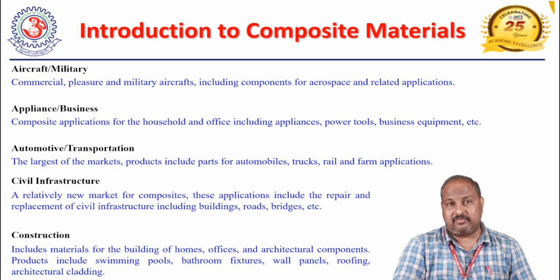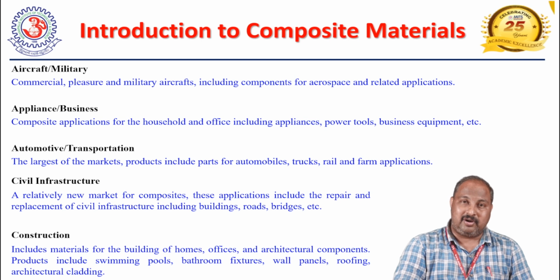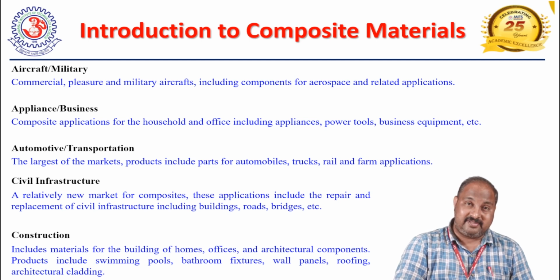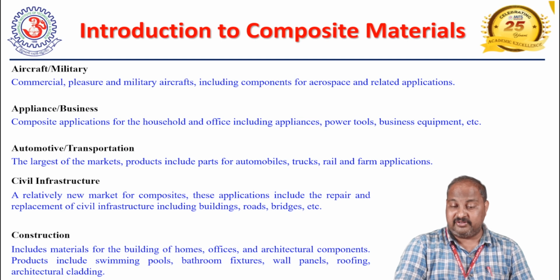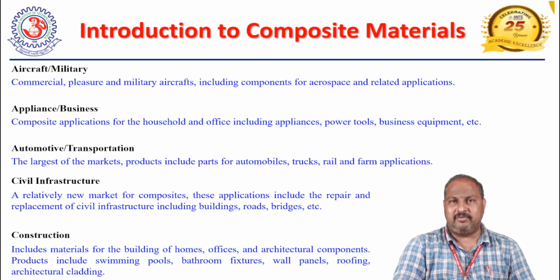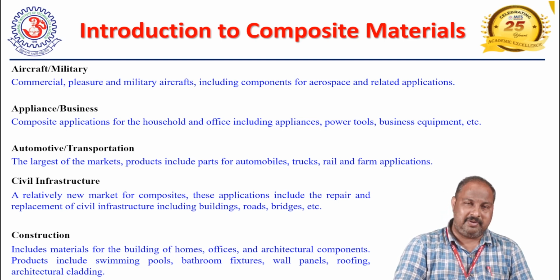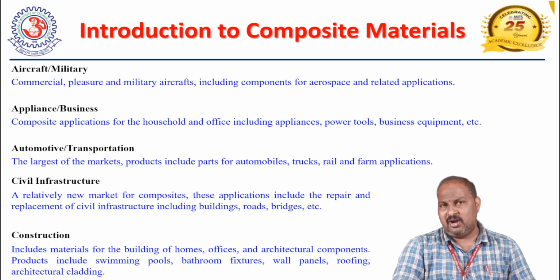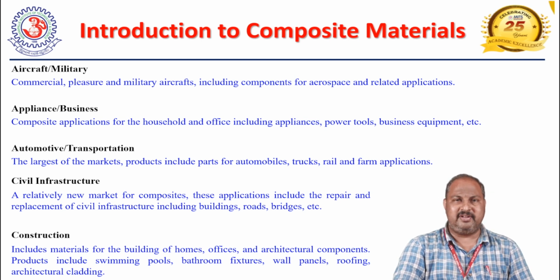In the broader sense, various civil infrastructure applications include buildings, railroads, and bridges. Those are all nowadays used with composites. Without concrete we are not going ahead with most of our building materials. So concrete is one best example of a composite, and it finds applications in all civil infrastructure.